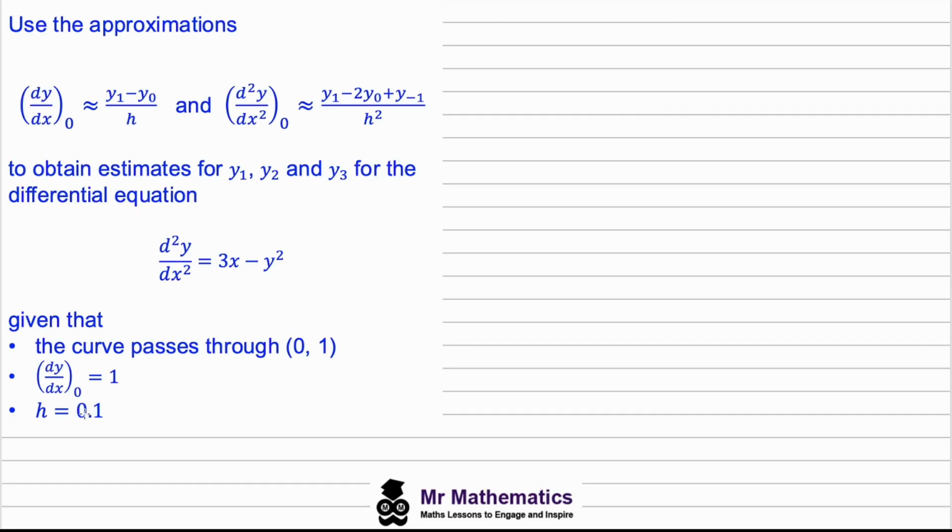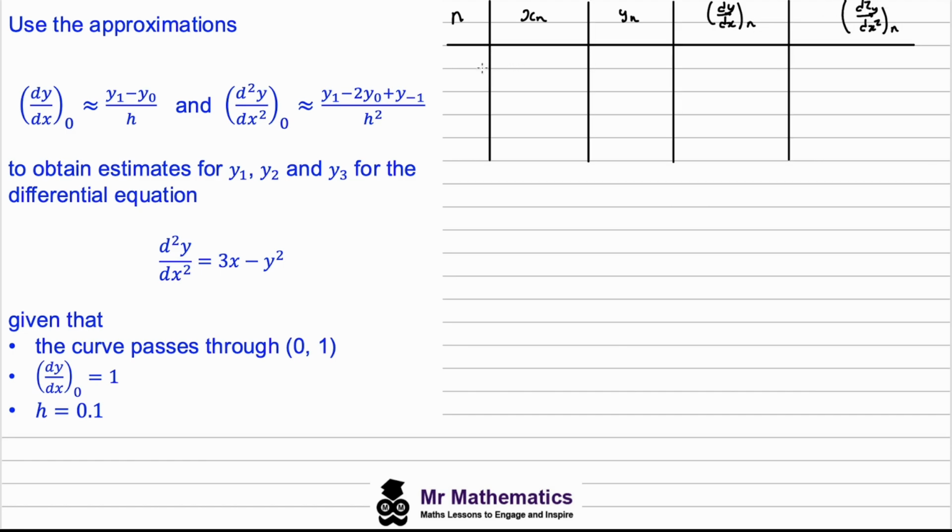The first thing that we need to do is create a table. We've got our iteration, n, the x value at that iteration, the y value, the gradient and the second derivative. So initially, when n is 0, we're told that x is 0 and y is 1, and that the initial gradient is also 1.